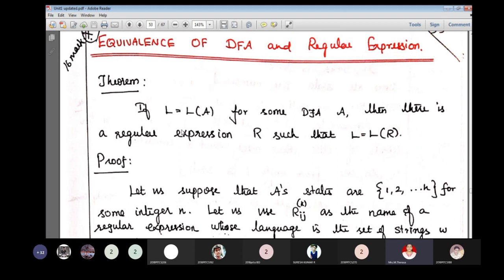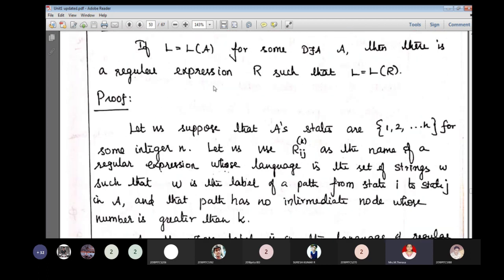You have a language L and the language is accepted by the finite automata A. Then you can represent that regular language as a regular expression. The language accepted by the finite automata A can also be represented as the regular expression R. So whenever you are given a finite automata, how can you convert it to a regular expression? That is the equivalence of GFA and regular expressions.